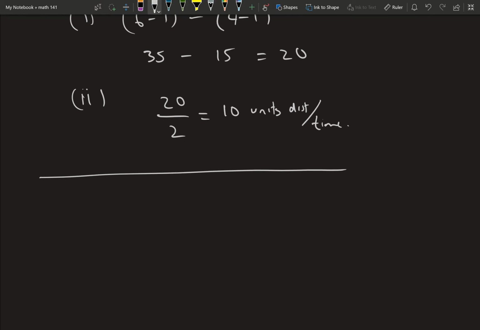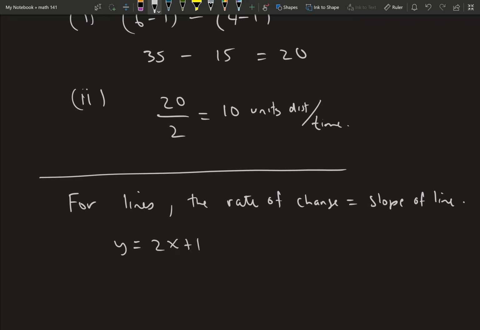And the key thing to note is for lines, the rate of change is equal to the slope of the line. So for example, if I had y equals 2x plus 1 as my function, let's rewrite it as a function f of x is 2x plus 1. This is a line, right?